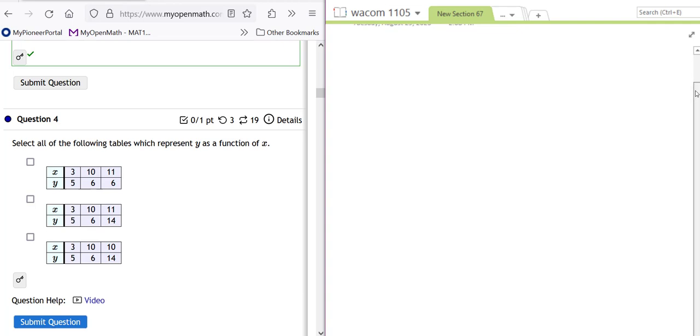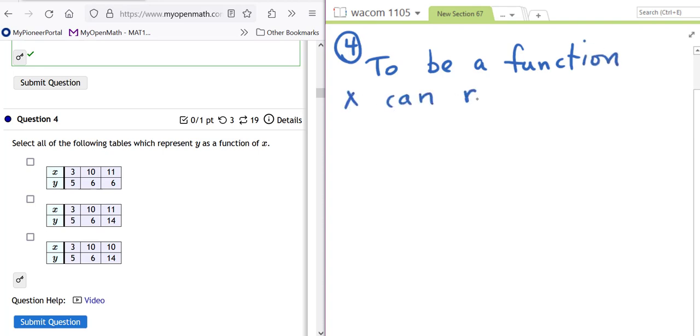If we had a list of ordered pairs, I think that's probably what I showed you in your notes. To be a function, x cannot repeat. This is just table format instead of ordered pairs.